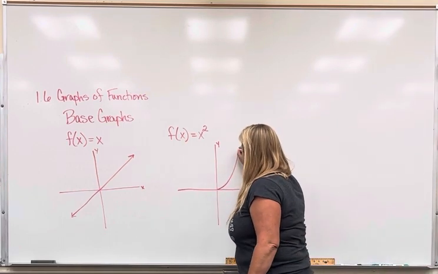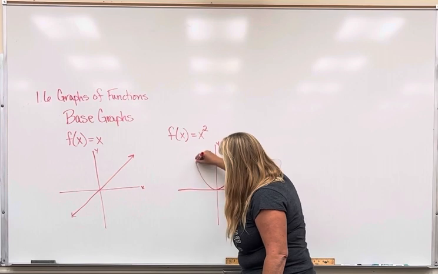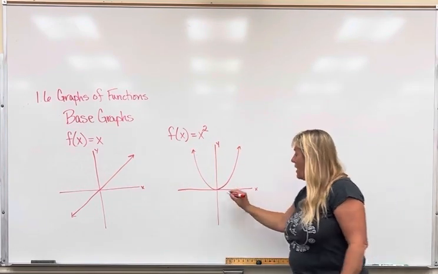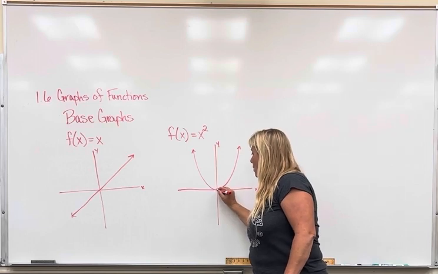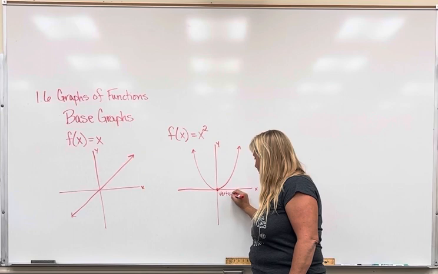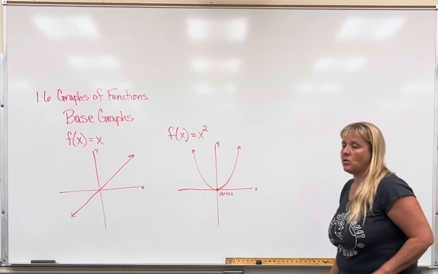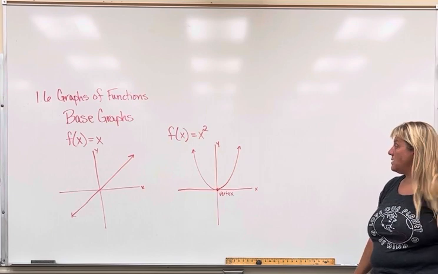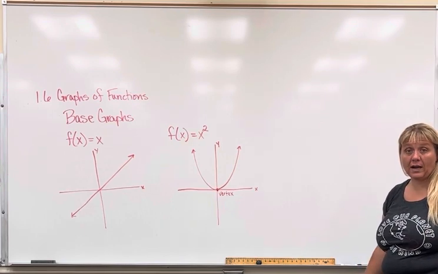So it's going to be the parabola that looks like this. Should be symmetrical, but again, it's just a sketch. And it should have this point on it, 0, 0, and this guy is called the vertex. Okay, so your base graph has a vertex at 0, 0, and is a parabola opening up.